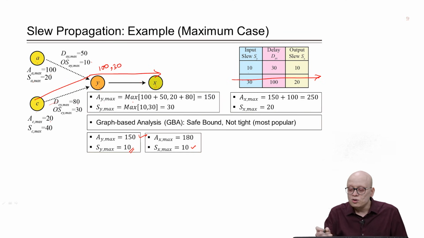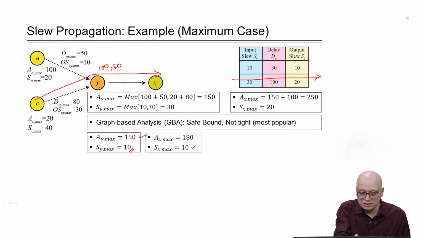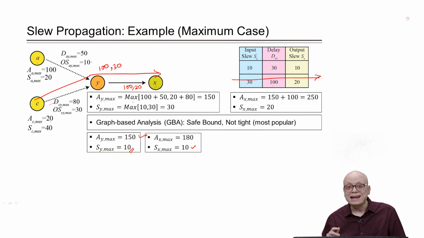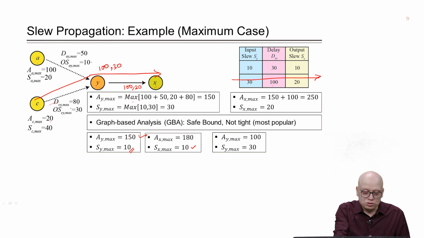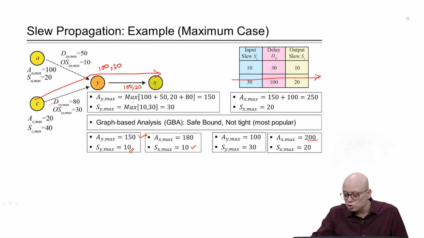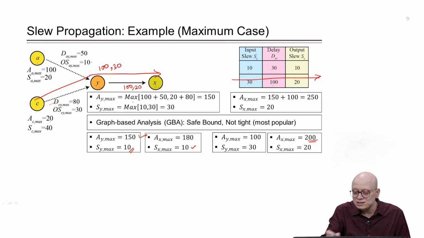For the slew of 30, the delay of this edge is 100 and the output slew is 20. So, the arrival time at x now will be 20 plus 80, 100, plus the 100 for this edge, that will become 200, and the output slew at the vertex x will be 20 corresponding to this edge.